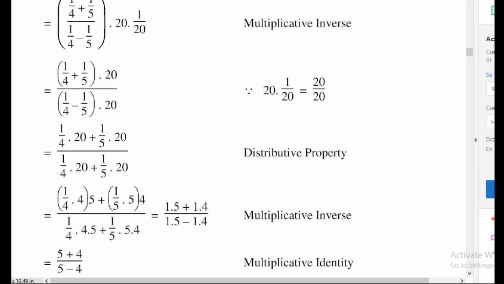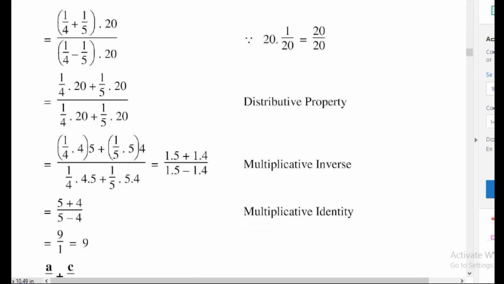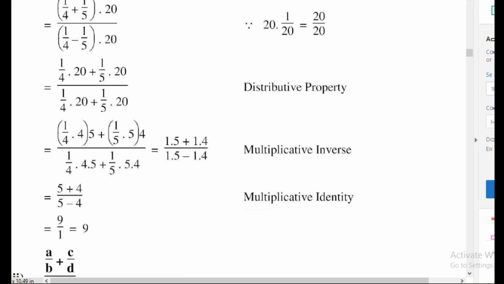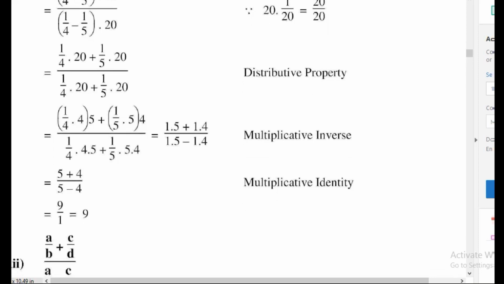So 1 multiplied by 5 plus 1/5 multiplied by 5 equals 1 multiplied by 4. So (5 + 4) divided by (5 - 4). Next, 5 plus 4 is equal to 9, divided by 5 minus 4, which is equal to 1. So 9 is the required solution.